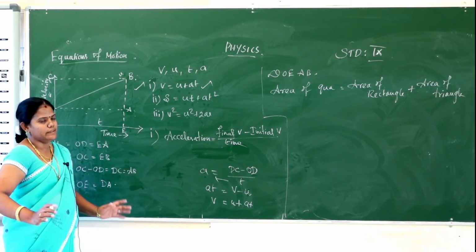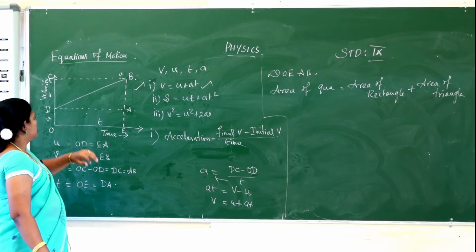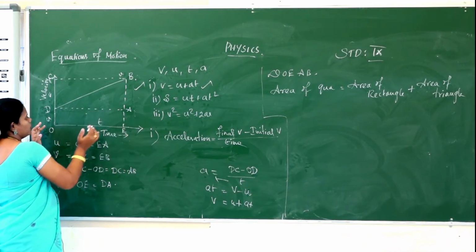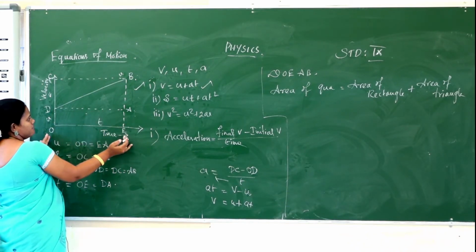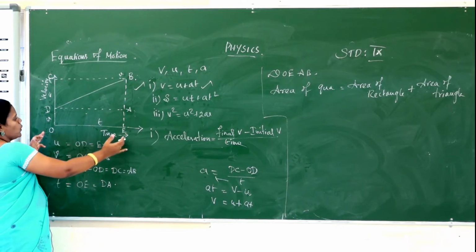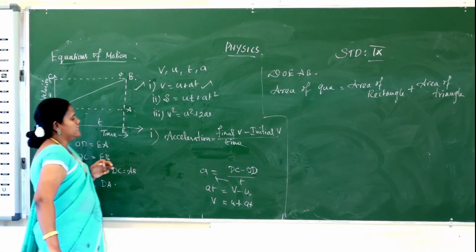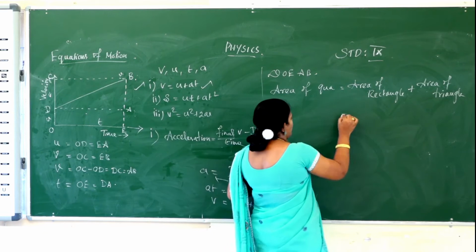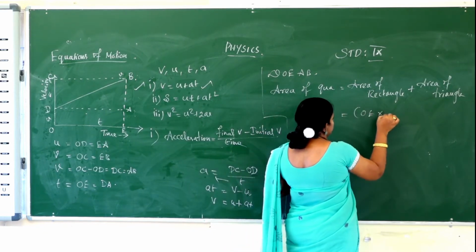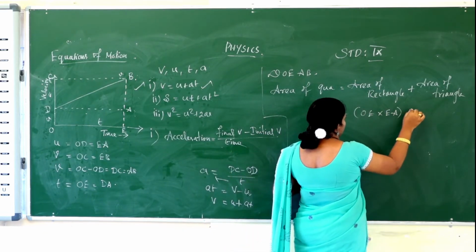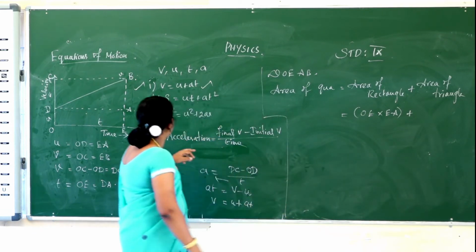That is length times breadth. This is length, this is breadth. So OE into EA, plus the area of the triangle.